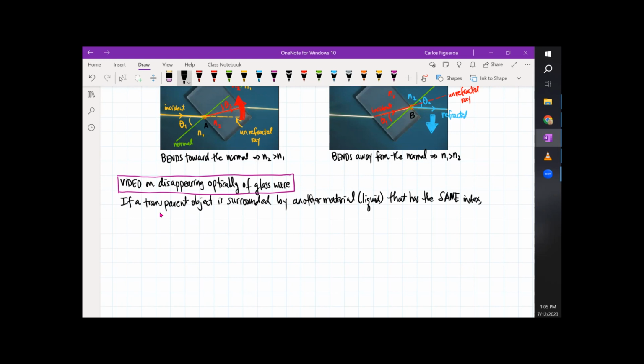In other words, no reflection or refraction will take place, which then implies it appears invisible.